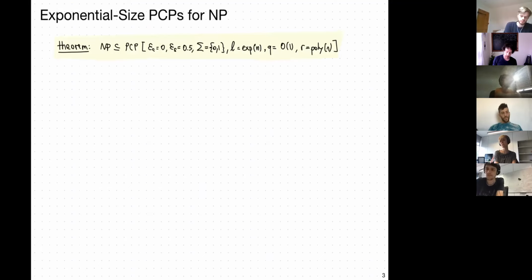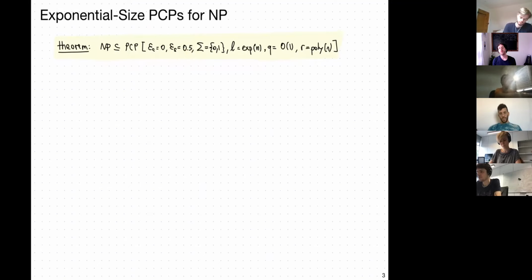Let me highlight the parameters. So, we'll show that any language in NP admits a PCP with perfect completeness. That means that we'll accept every yes input with probability 1. We'll reject bad inputs with probability half.